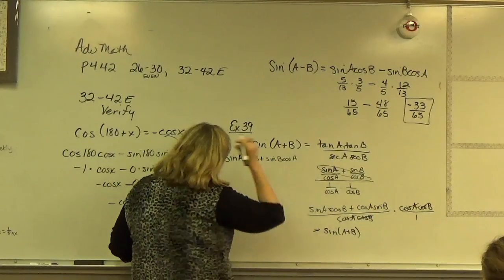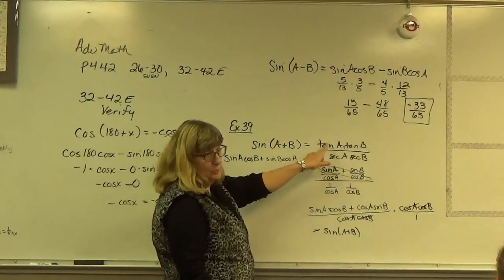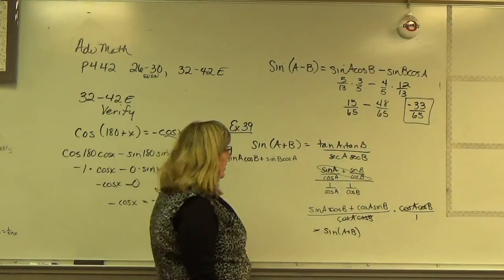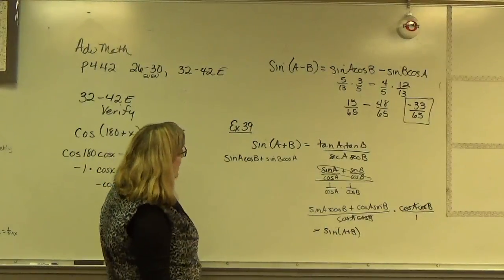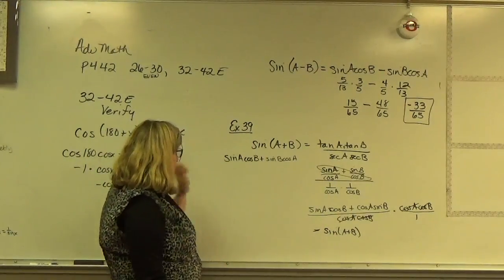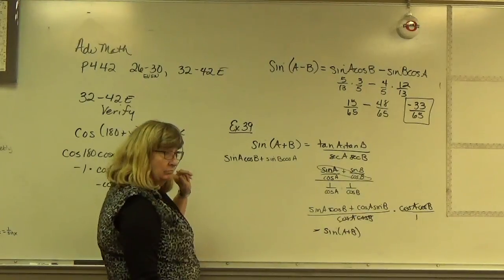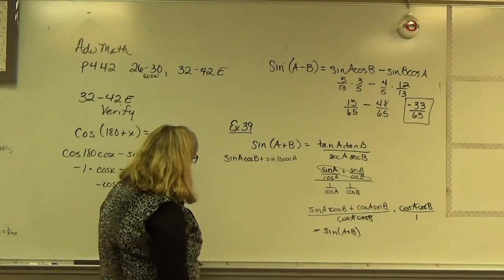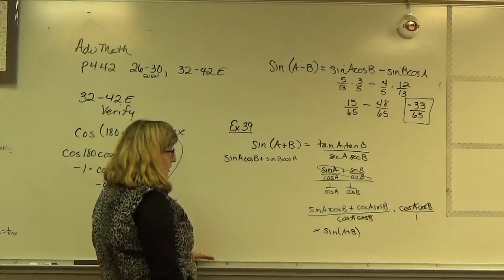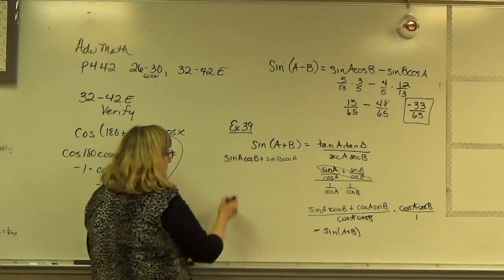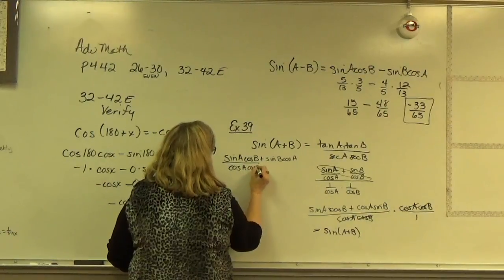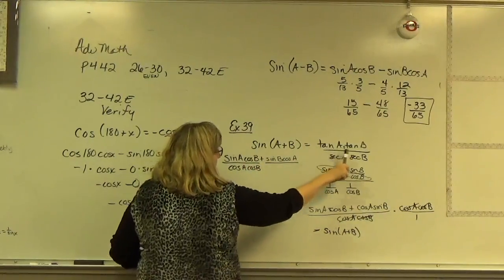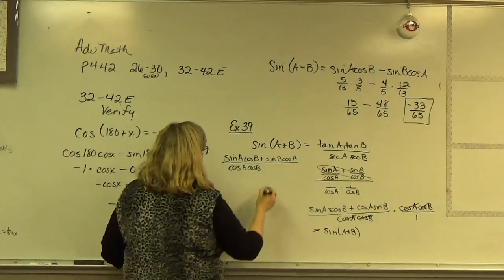Well, all I see right there is I want tangent somehow. Does everybody agree? So how can I get a tangent? Divide by cosine. So if I divide by cosine of A and cosine of B, because we need a tangent A and a tangent B, don't we?